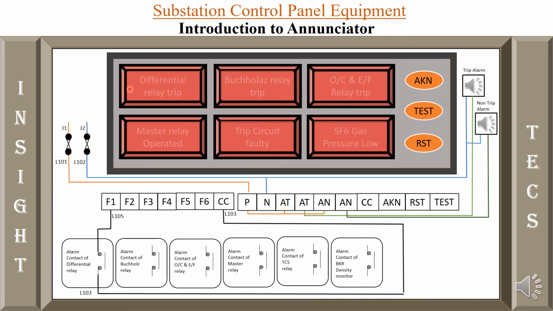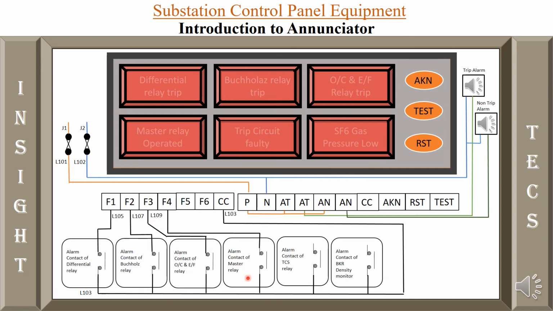Now similarly for all the relays we will provide the connection L103, that is the common connection. For the Bucholz relay, the contact will be L107. For the contact of the overcurrent earth fault relay, we will use F3 because that is window number 3, and the number given is L109.